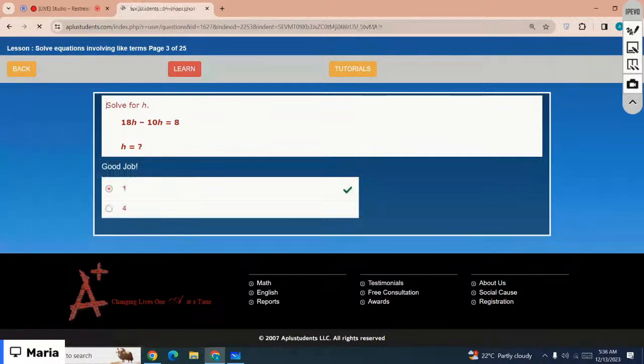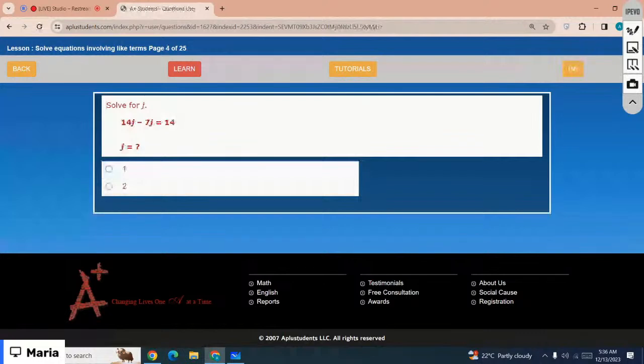Okay, the next one is 14j minus 7. Yes, it is 2. The correct option is 2.